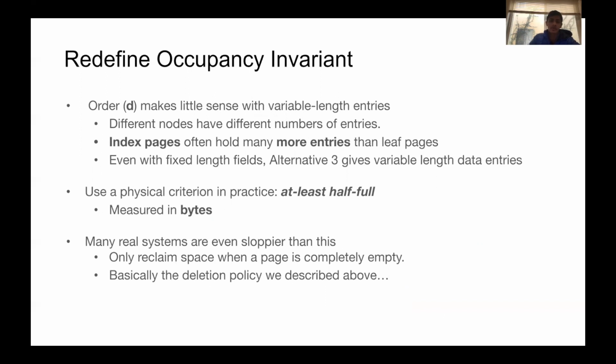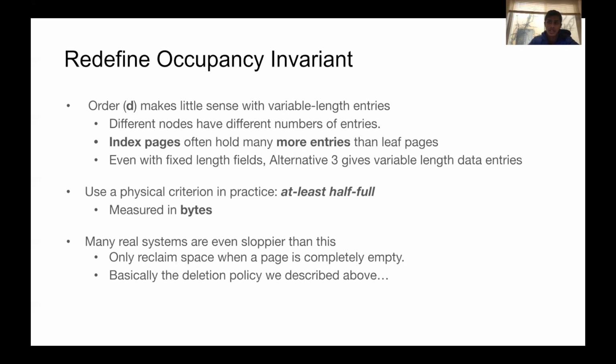So in practice, we're going to use a physical criterion, which is at least half full. And this is going to be measured in bytes. Basically, it says the page must be at least half full. And that's our new occupancy invariant. We're going to move from the integer space of order D to how many bytes it takes up physically.